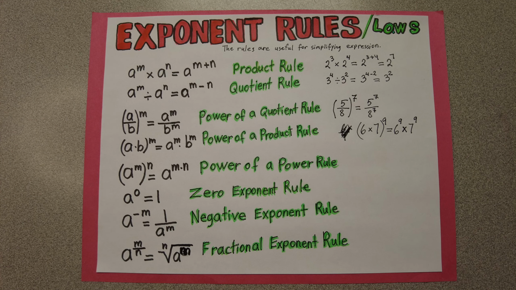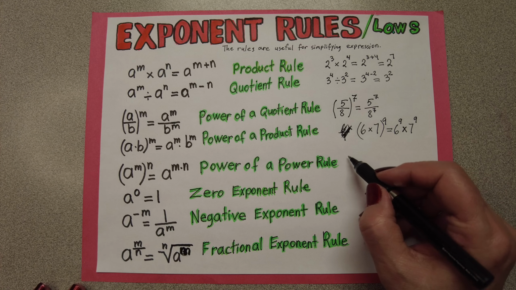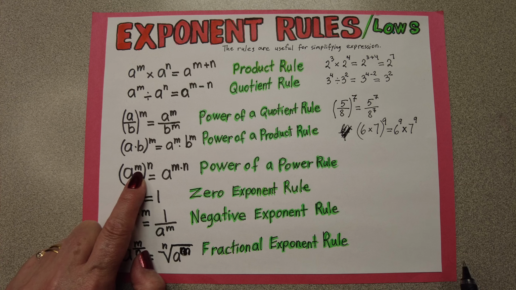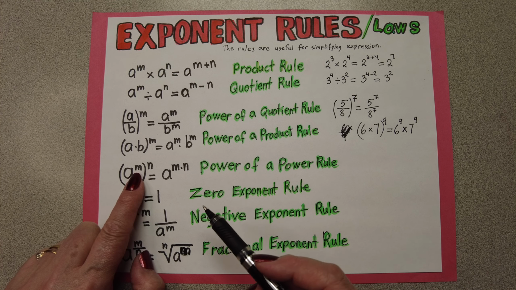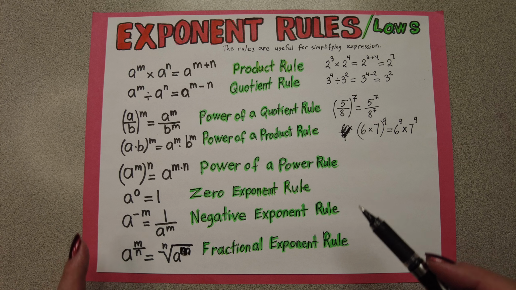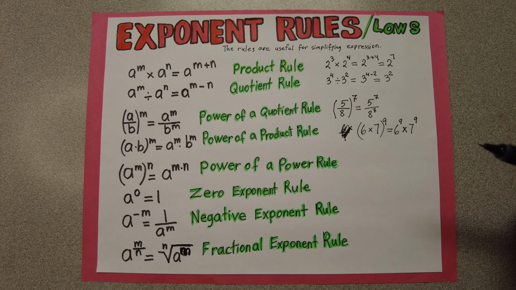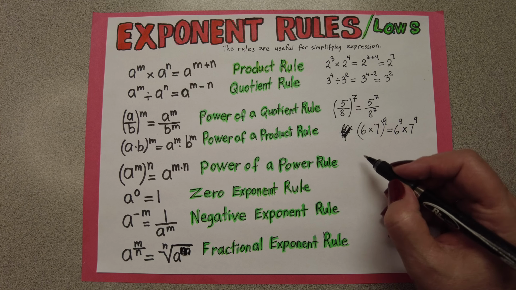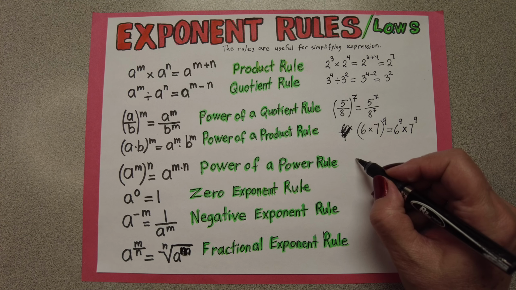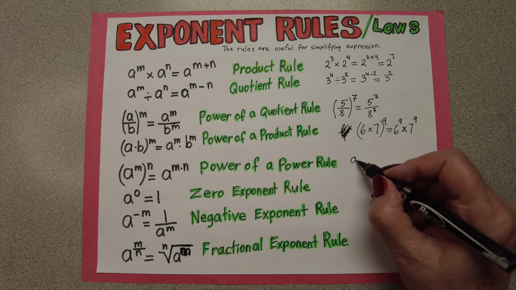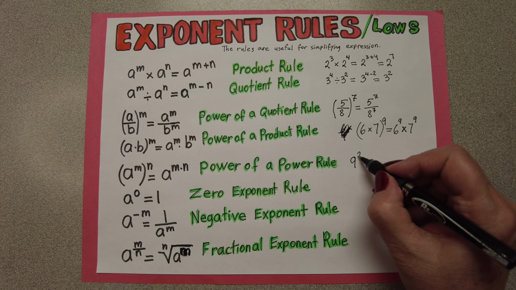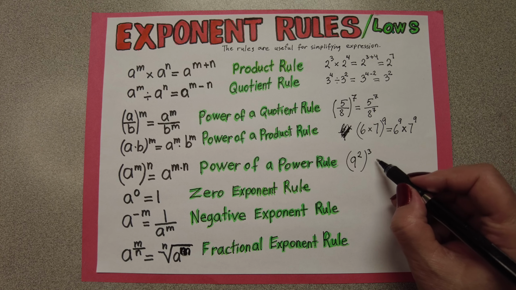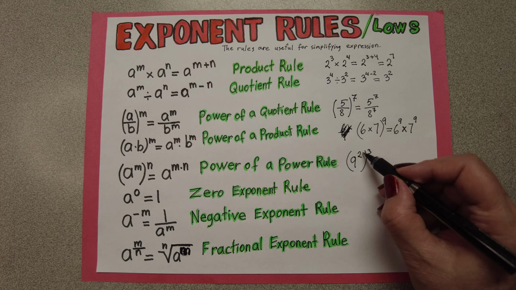Next one, this is very fun. It's easy. If you have a as a base with power m, and another power outside of the parenthesis, you just multiply these two together. Let's do an example. If I have 9 to the power of 2 and then another power of 3, we just multiply these two numbers.